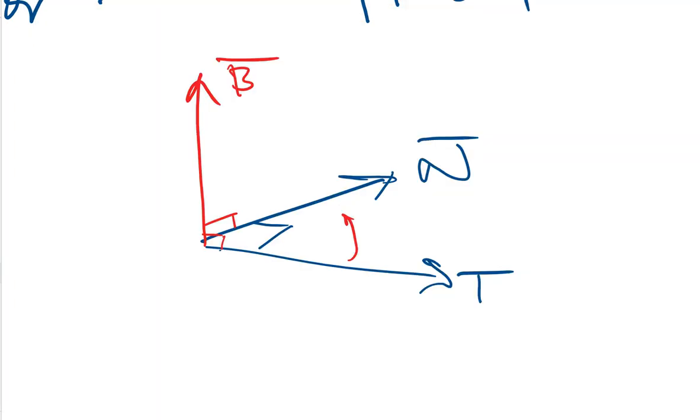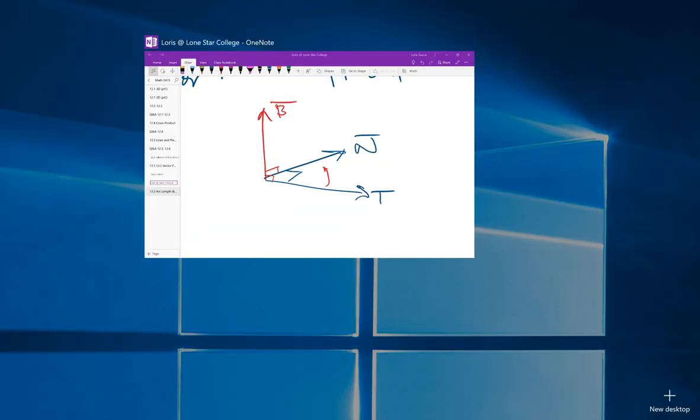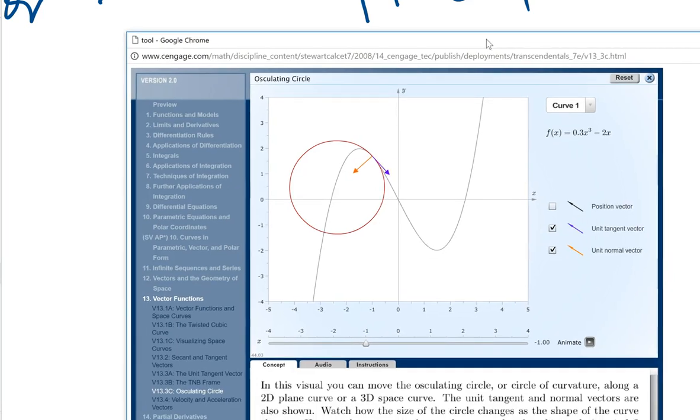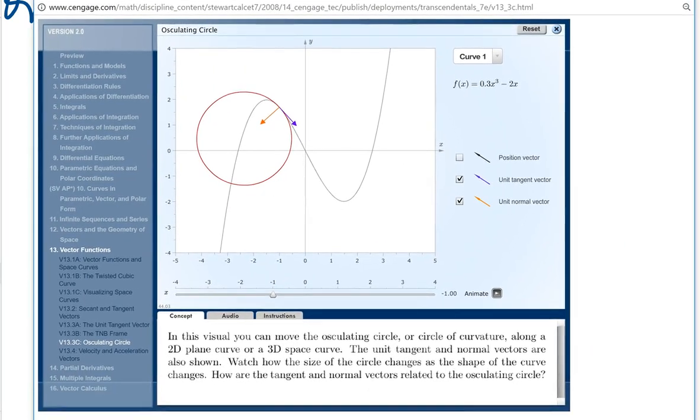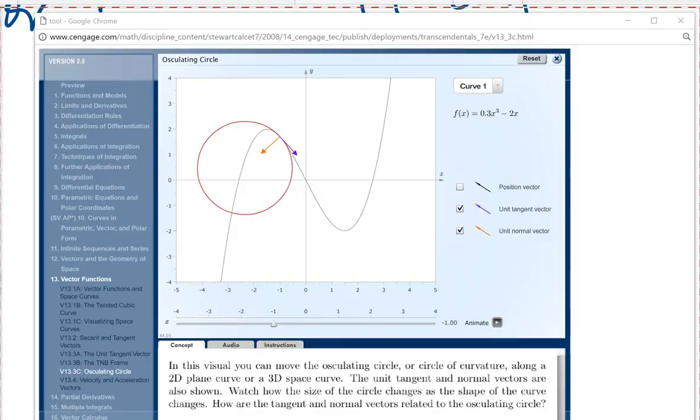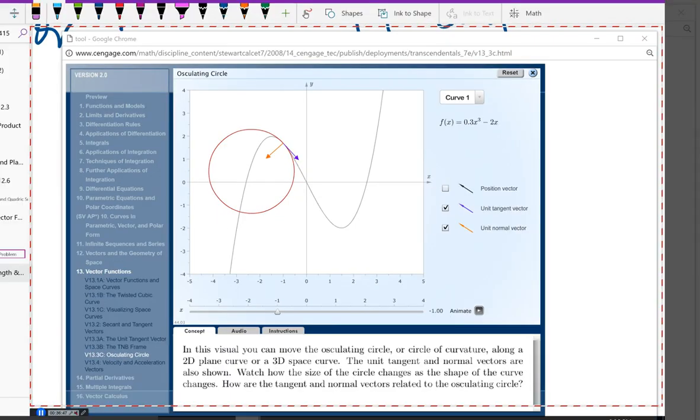While I'm on these little videos, I'm going to show you what's called the osculating circle. And that is going to help us out a little bit too. So see how you have the circle here. See how it approximates the curve a bit.